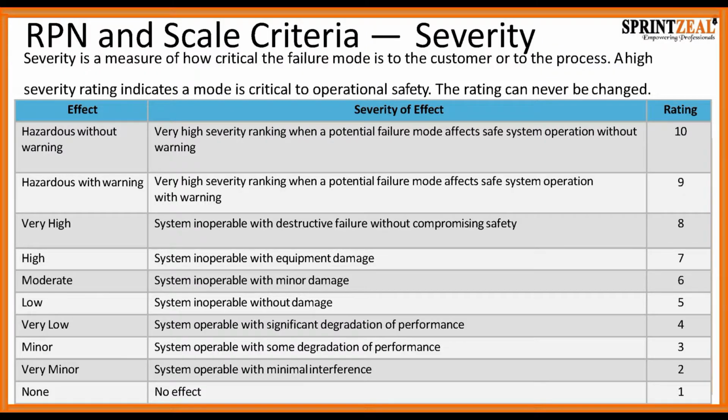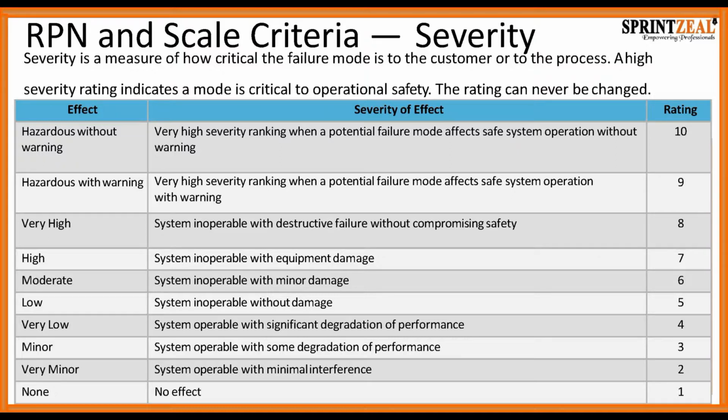So let's look at some scales in terms of how we can start gauging what RPN looks like. And we'll begin with severity. Now, severity is just the measure of how critical the failure mode is to the customer or to the process. A high severity rating indicates a mode is critical to the operational safety, and the rating can never be changed. So it begins with the most severe. We kind of talked about this before.